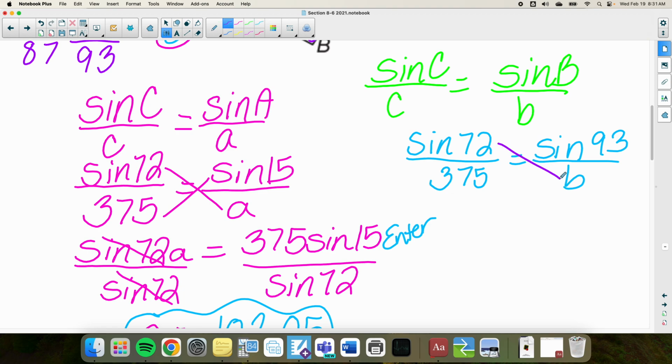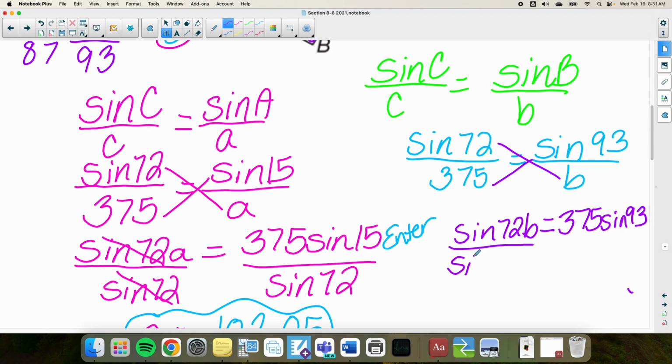So when I multiply this, I have sine 72b equals, and I'm going to put the whole number in front of the trig function. So 375 sine 93. And how do I get rid of this sine 72? I would divide. Okay.